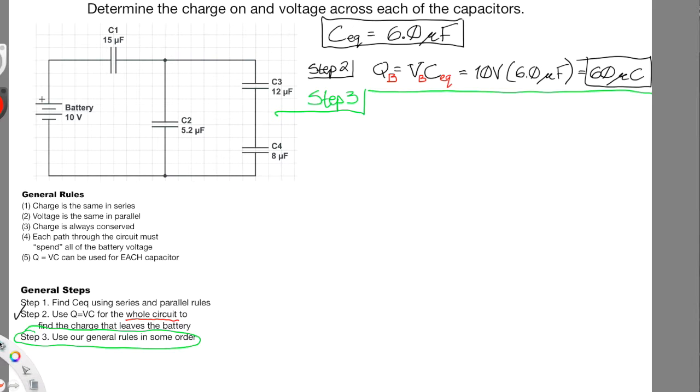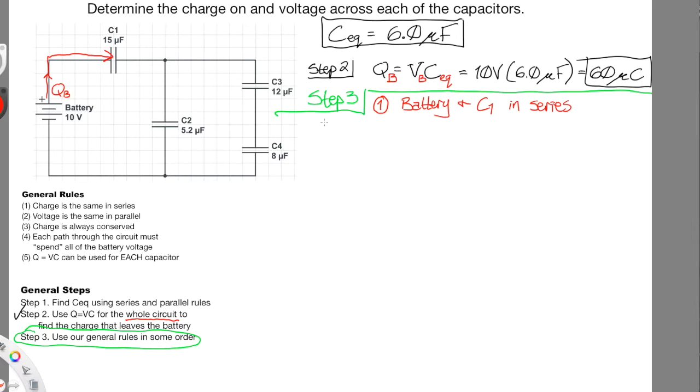First, we can think about QB leaving the battery. By general rule number 1, charge is the same in series. Well, the battery and capacitor 1 are in series with each other. So that QB that leaves the battery has nowhere else to go but directly onto C1.